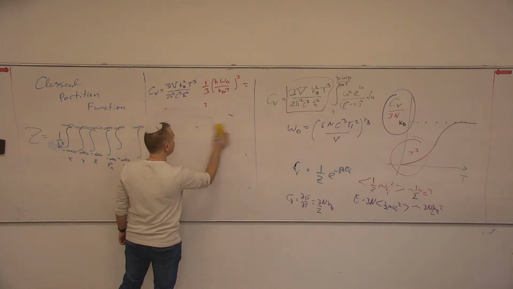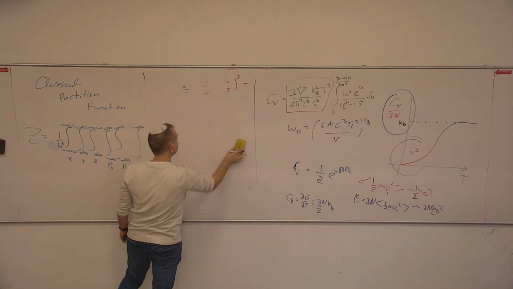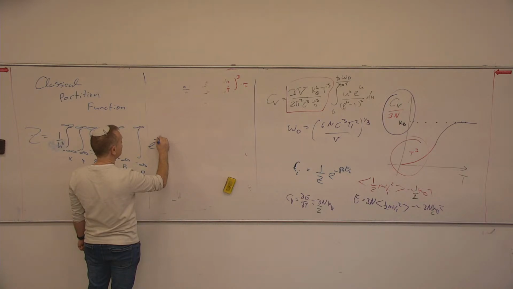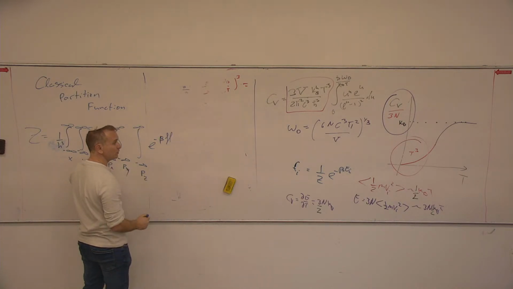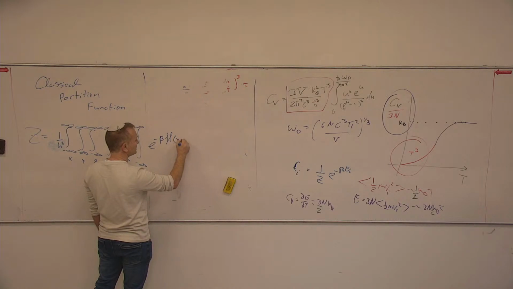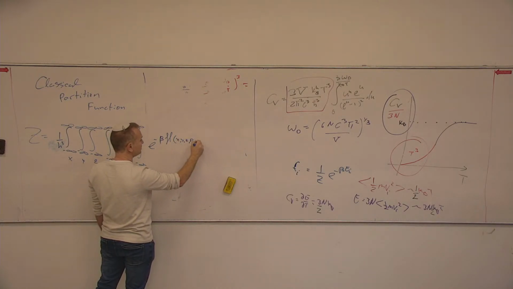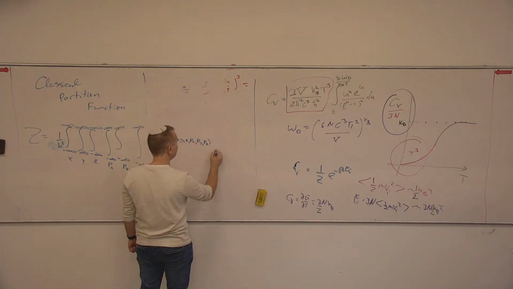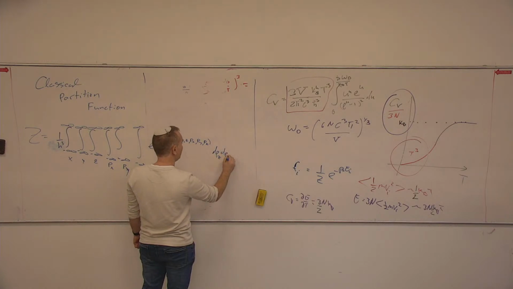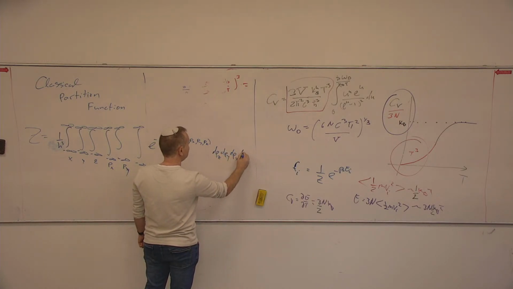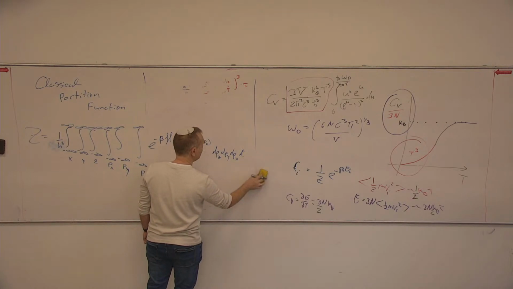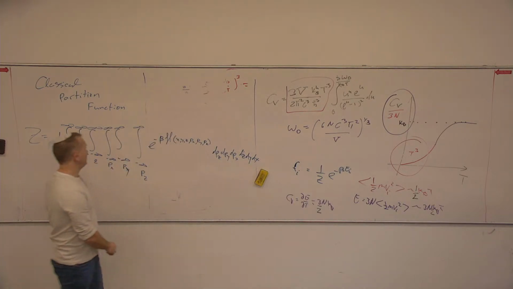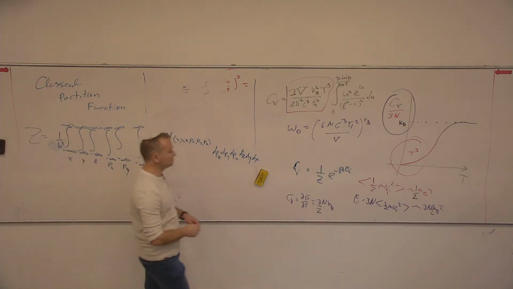And what I have here is e to the power minus beta, the Hamiltonian, which is going to depend on x, y, z, px, py, and pz. And here I should have dpz, dpy, dpx, dz, dy, dx. So this is the classical partition function.